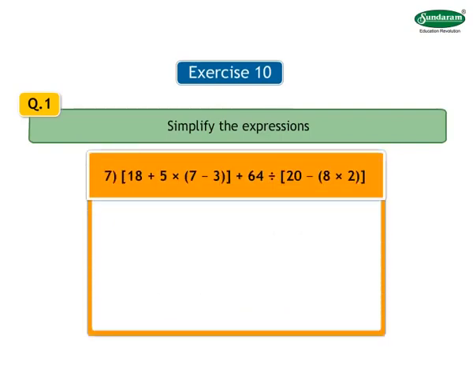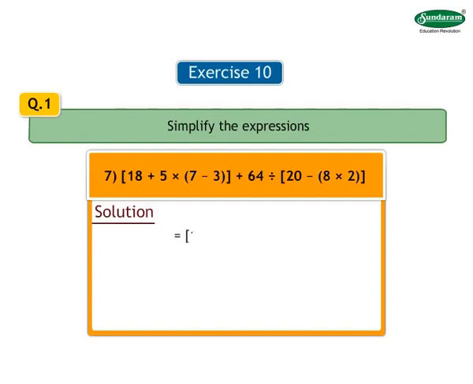Number 7. [18 plus 5 into (7 minus 3)] plus 64 divided by [20 minus (8 into 2)]. Solution. First, we will solve the simple brackets.